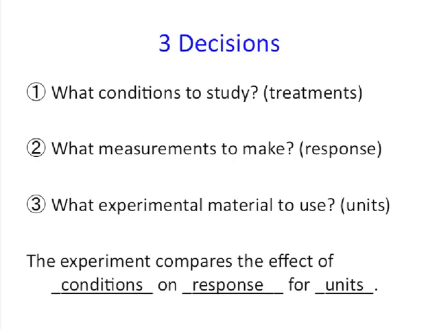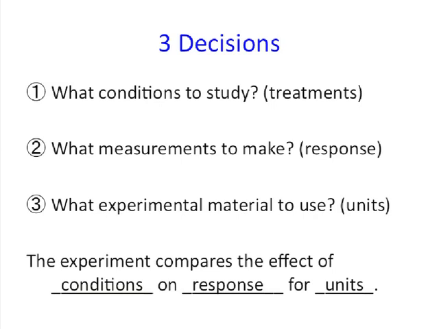The first one is 3 decisions that you need to make when you're planning an experiment. I often like to call them 3 elements of an experiment. So we need to answer these 3 questions. What conditions to study? That's what are the treatments and placebo, that sort of thing. What measurements to make? That's the response on the thing you're treating. And what's the experimental material to use?